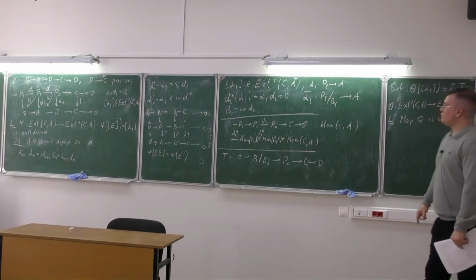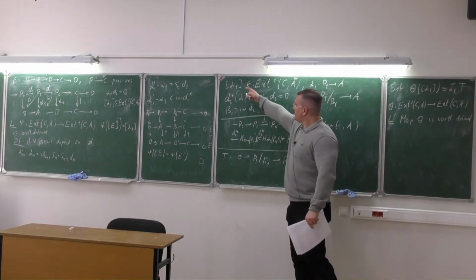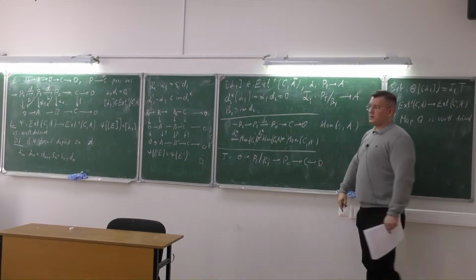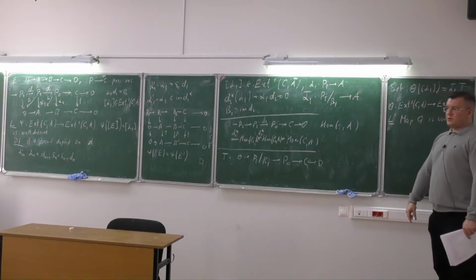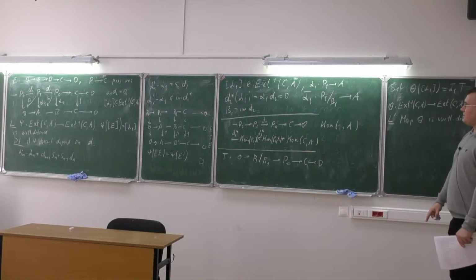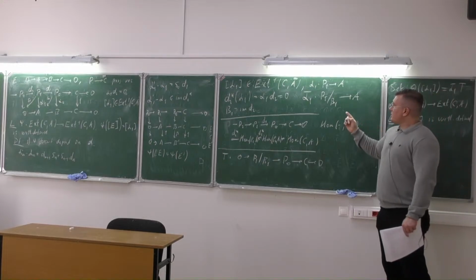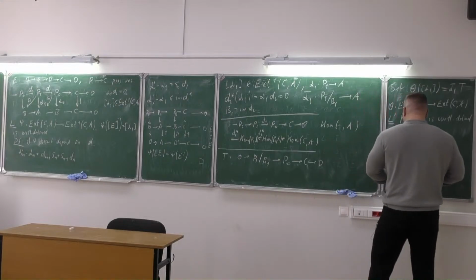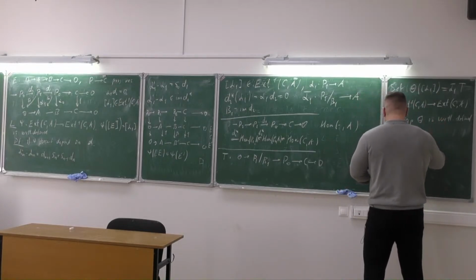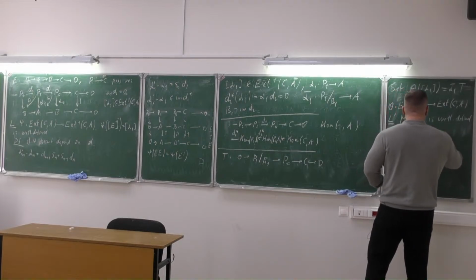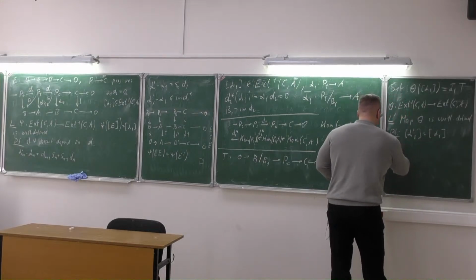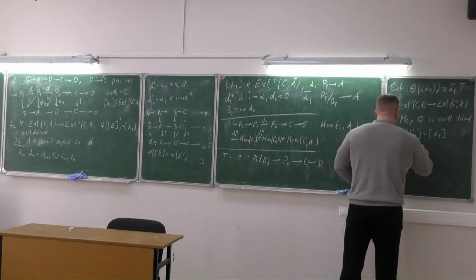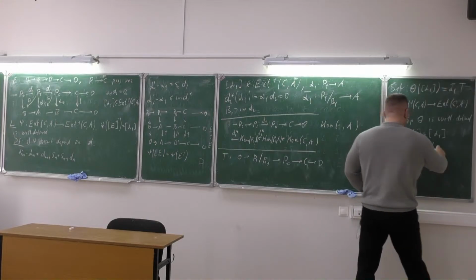Again, you fix the class, and suppose for this class you choose a different representative. What you need to check is, maybe a sketch of the proof: if you consider another representative, say alpha prime 1, with the same class as alpha 1, it means that alpha prime 1 looks like alpha 1 plus S d1.